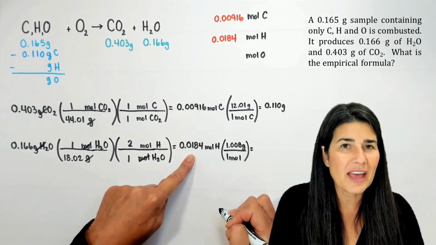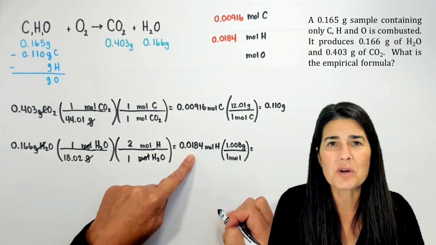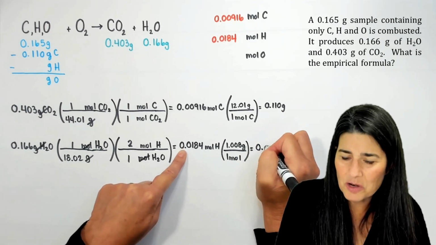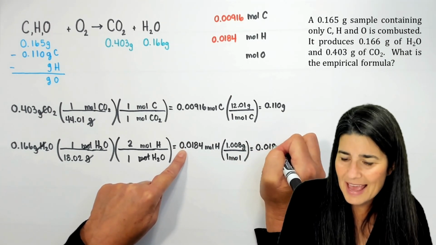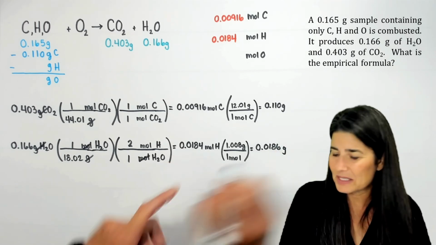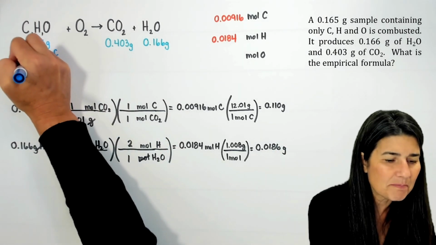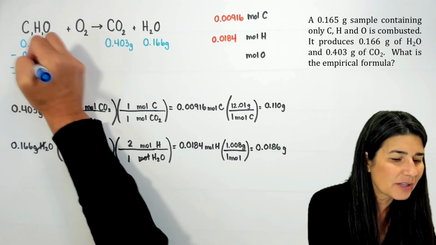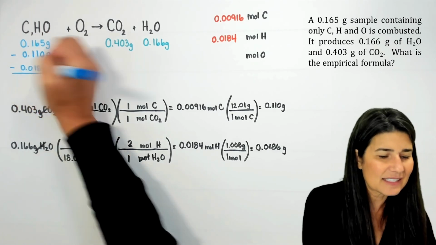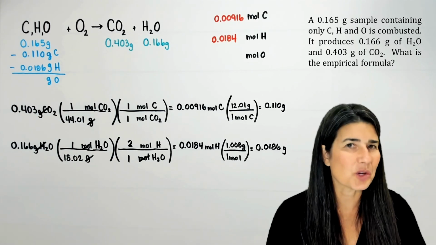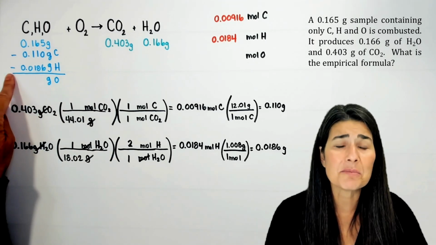And if we do that, the number of grams for the hydrogen turns out to be about the same, 0.0186 grams. Now again, I'm going to subtract that from my total, 0.0186.